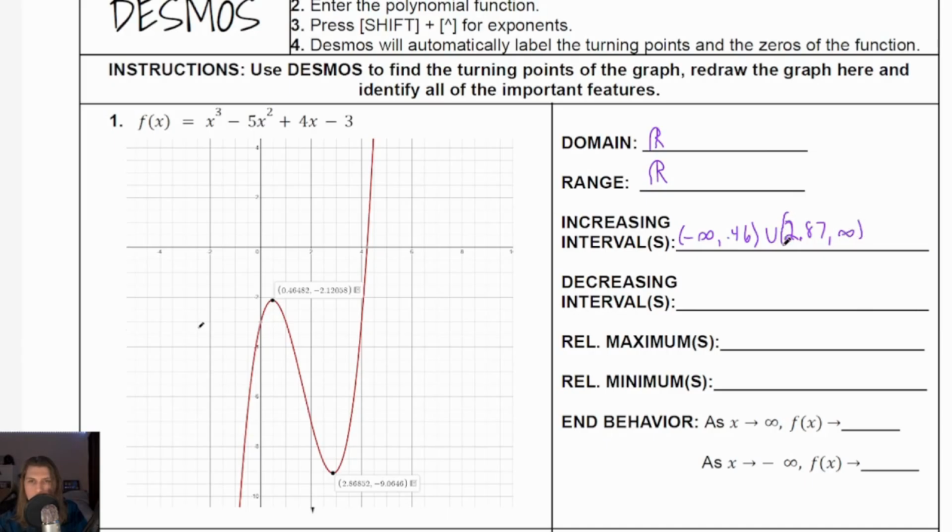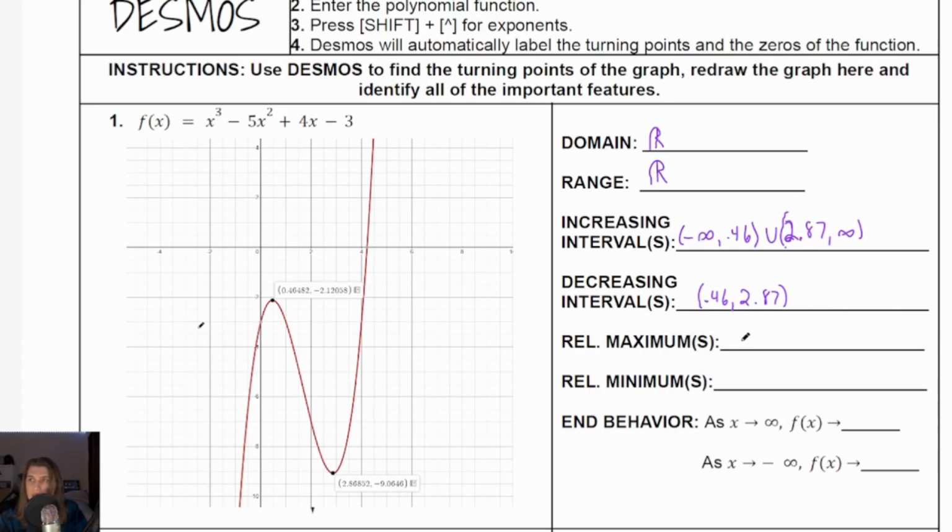Remember, with increasing and decreasing intervals, we are always just going to put parentheses around them. We never put brackets. Our decreasing interval goes from 0.46 to 2.87. We have our increasing intervals. There are 2 of them because it's going up twice, and then it is going down in the middle.